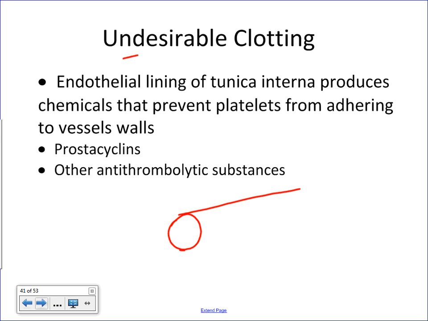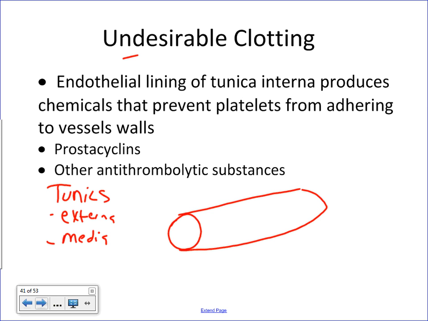Okay, so if we were to look at a vessel, blood vessels histologically have three tissue layers that are called tunics. Okay, tunics, and there's a tunica externa, a tunica media, and a tunica interna, otherwise known as the intima.